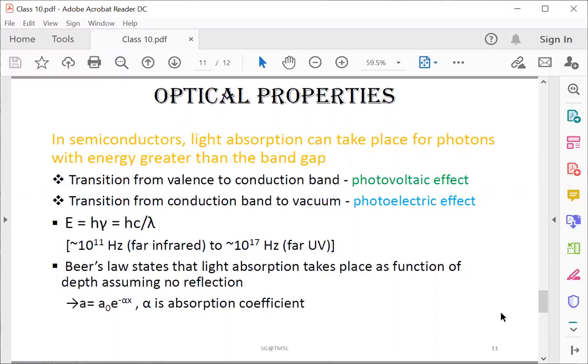If we use semiconductor material, then the energy of the photon must be such that the electron can make a transition from the valence band to the conduction band.